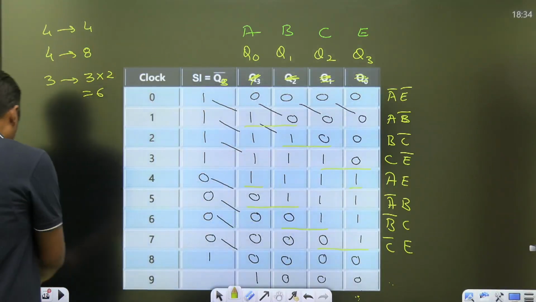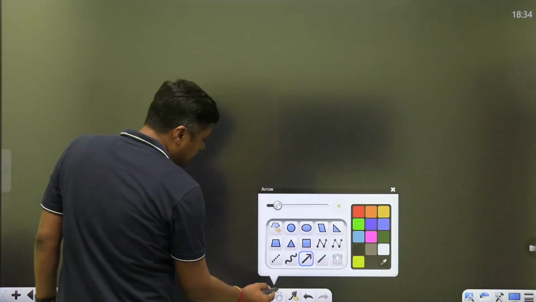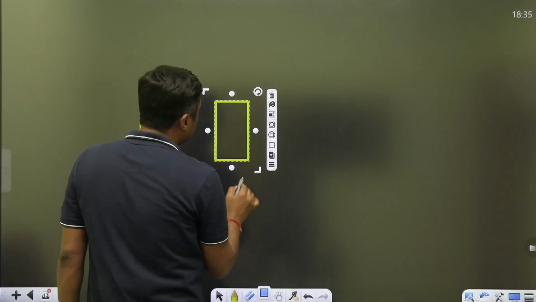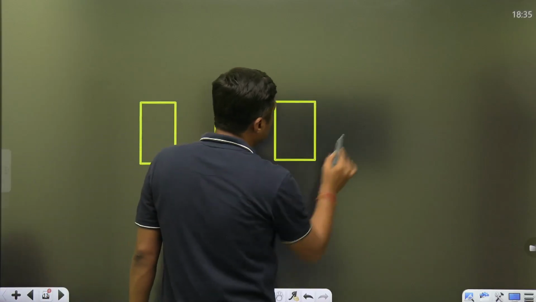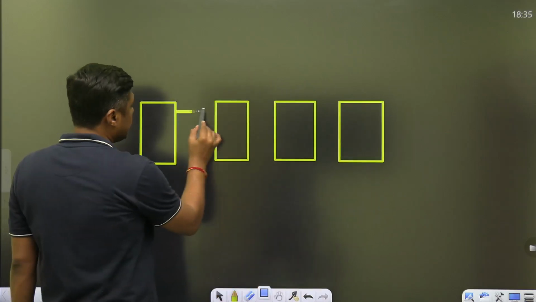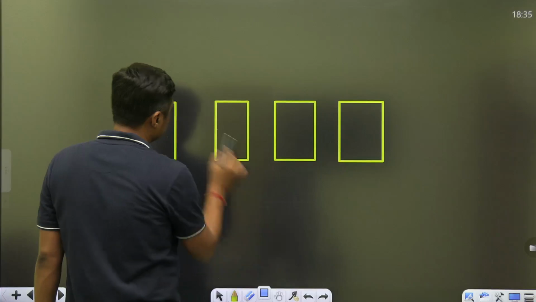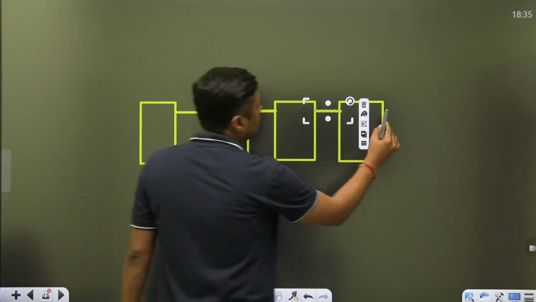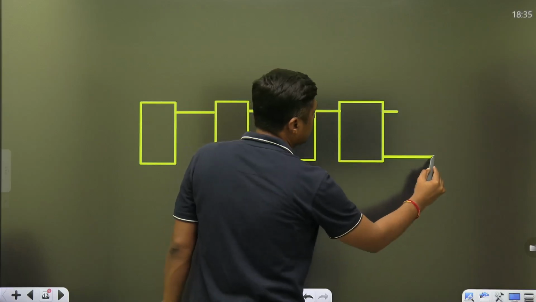Finally, I am giving you the diagram. For example, there are 4 flip-flops, right? This is the first one, second one, third and fourth one. Internally this is connected, and this is connected here, feedback.